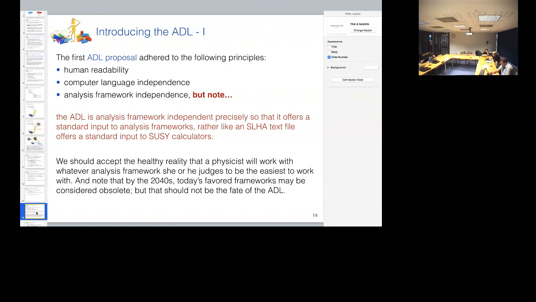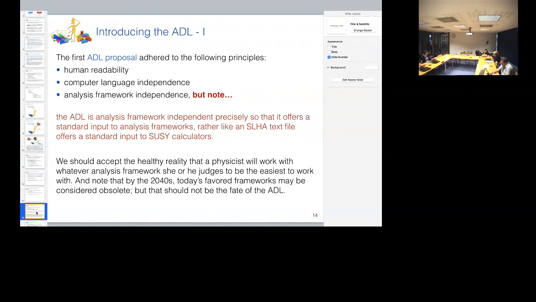And so the most important thing that we decided we should focus on is, one, that the ADL should be human readable. That is, it has to be something that is relatively easy to understand and to write. Again, it has to be independent of any particular computer language, and it has to be independent of analysis framework. Now, there are some people, of course, who see this and they get worried.